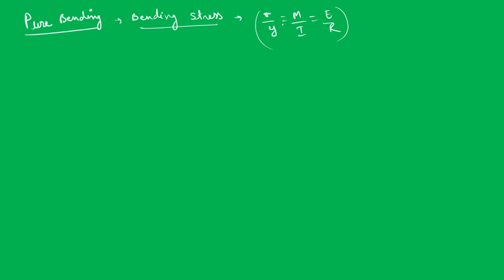So whenever I say pure bending, let's see this relation: sigma by y is equal to M by I, which implies sigma is equal to M y by I. Here sigma is the normal stress, M is the bending moment, y is the distance from the neutral axis, and I is the moment of inertia.